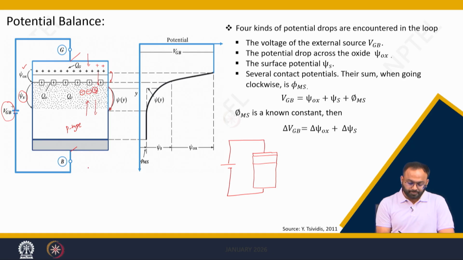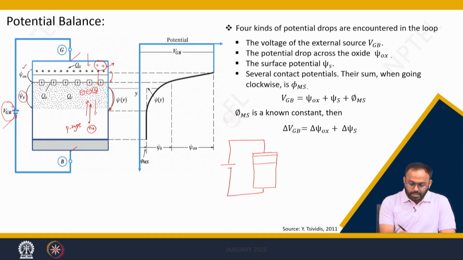which is negative. If you go on increasing VGB, then this potential actually pulls the electrons from the body, which are nothing but minority charges here. In the p-type body, this N naught is a minority charge, and they are also negative, which means that if you apply a positive voltage here, it causes a positive charge in the gate terminal and results in negative charge in the surface.